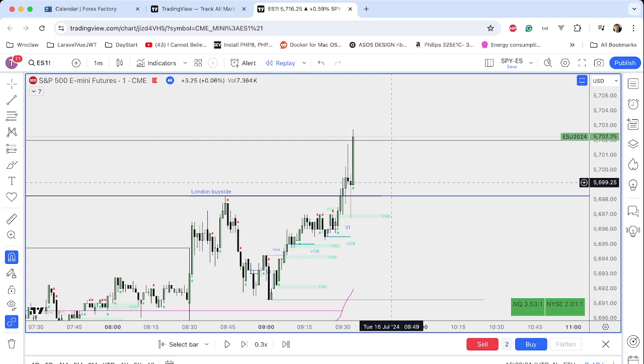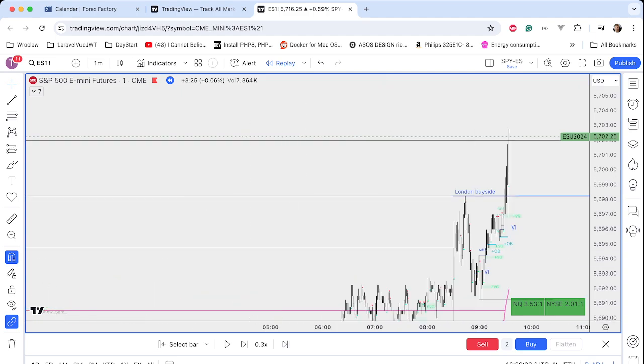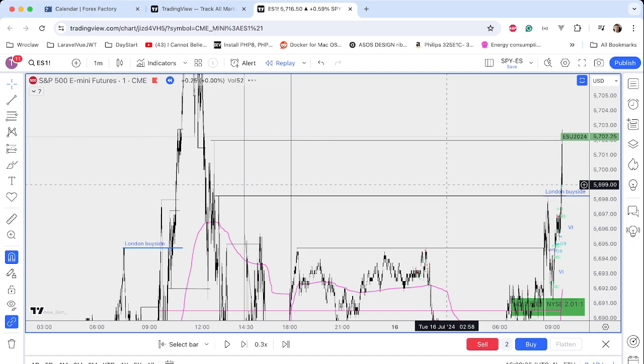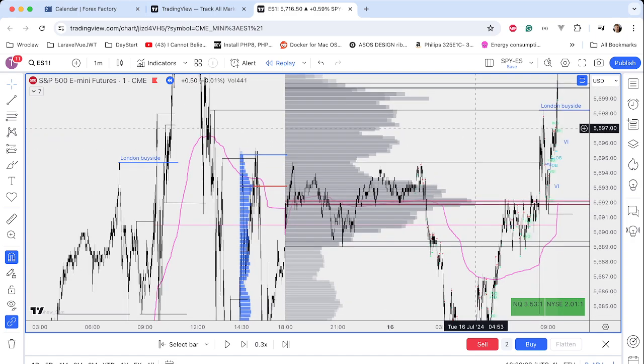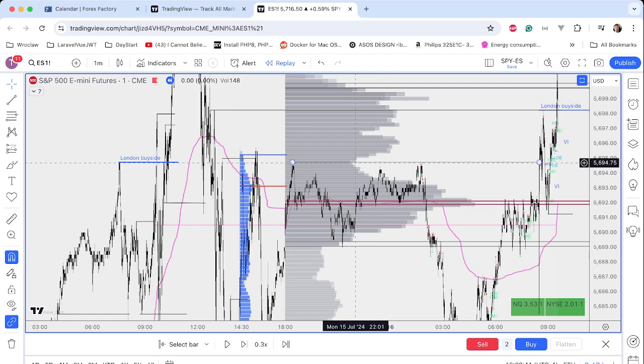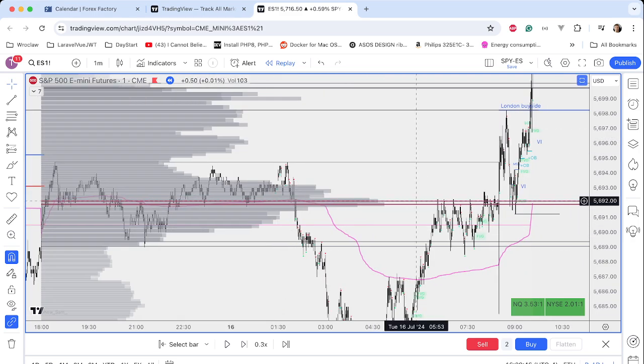Okay. So now we have pushed into some sort of liquidity. Alright, this one. Let's watch this. I don't know why I have wanted to see this profile.